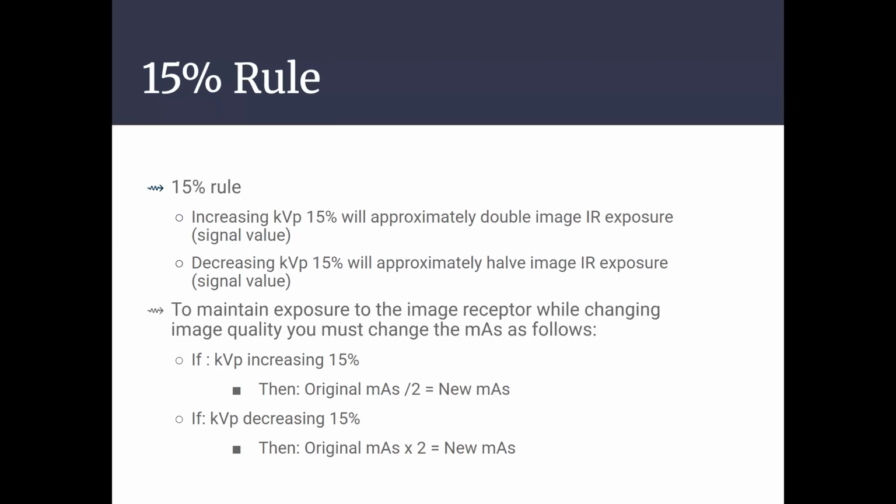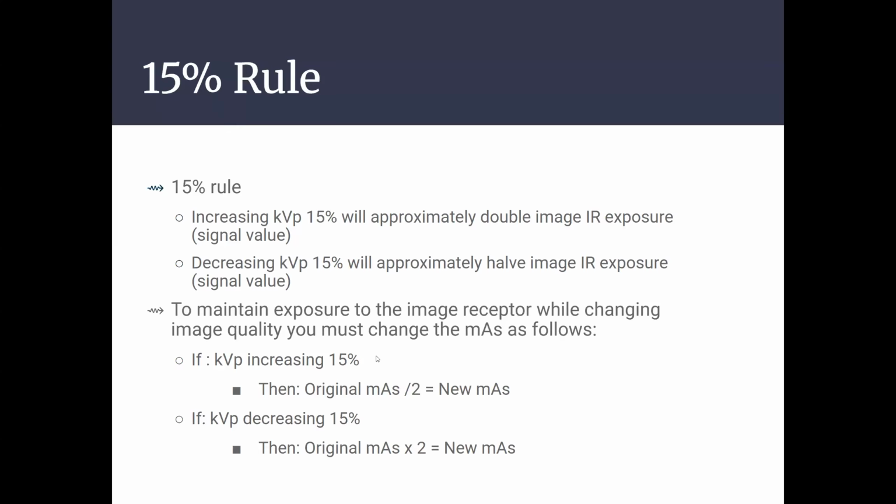Okay, so we're back to the 15% rule. Again, increasing the kVp by 15% will double the IR exposure. Decreasing the kVp by 15% will halve the image exposure. To maintain the exposure to the image receptor while changing the kVp, you must change the mAs as follows.